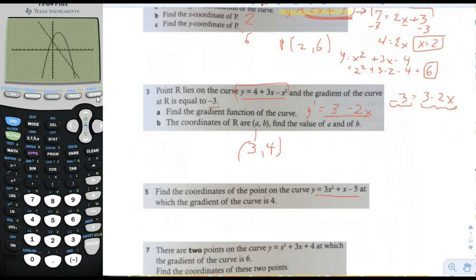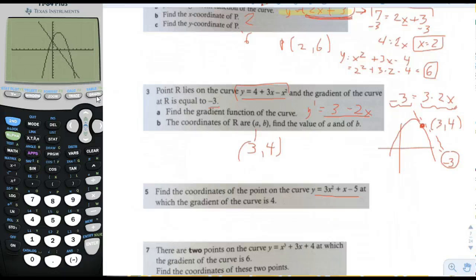Okay, so what we see here is, and let's look at the graph again. So we have a graph. It looks about like this. It just so happens at 3, 4, which I don't know if it's like this point here, the gradient is going to be -3. So the gradient at this point is -3.